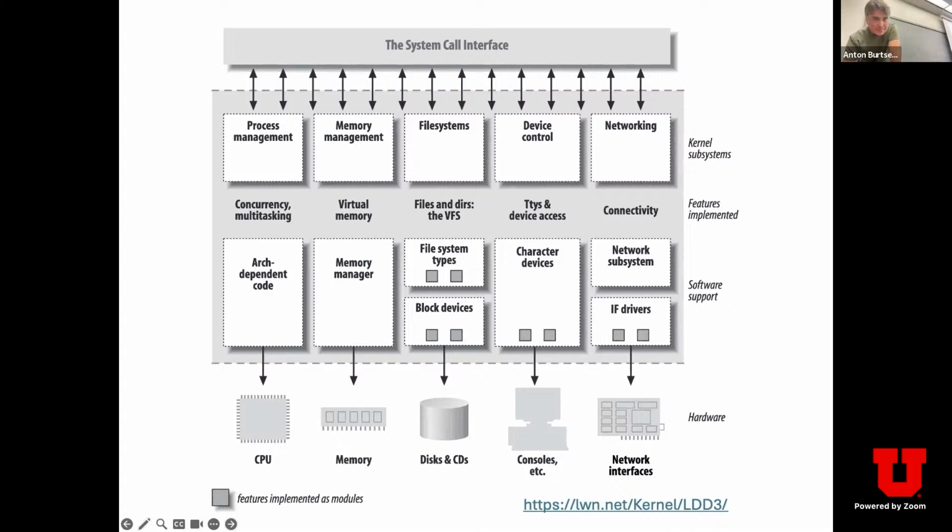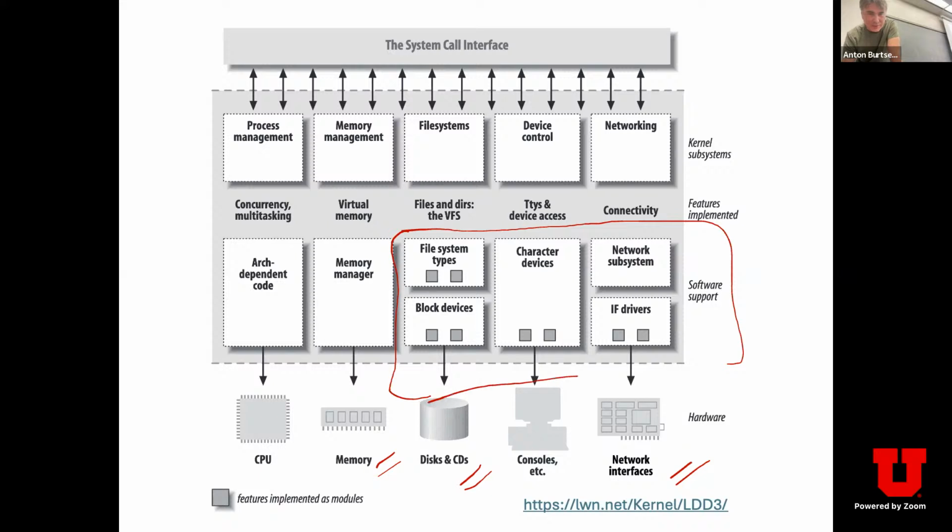Typically the kernel is constructed as multiple subsystems, and the majority of those subsystems, besides maybe memory management and thread management, are talking to peripheral interfaces, for example network cards, various disks, and even memory. Those subsystems are implemented in Linux and in any other operating system as device drivers.